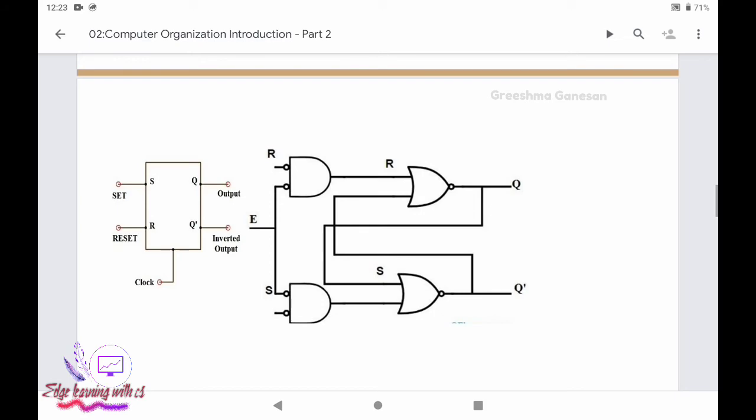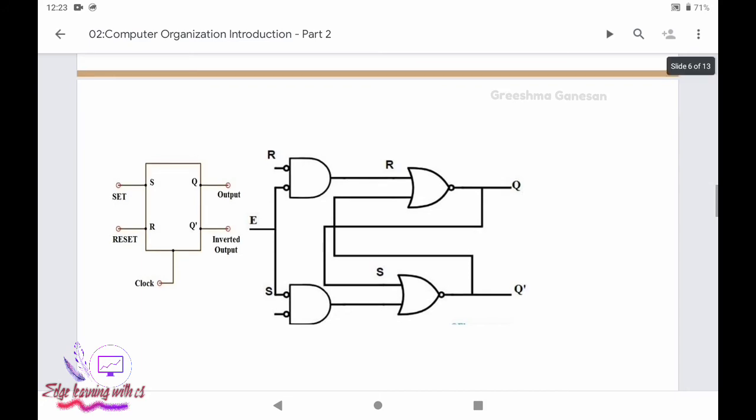Obviously 1. So if Q is 0, then Q complement will be 1. Just opposite. So we get two outputs: the first output is Q, and the Q complement is the inverted output. Inverted means you are just complementing it.